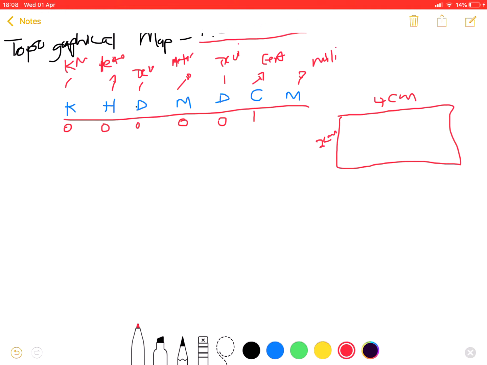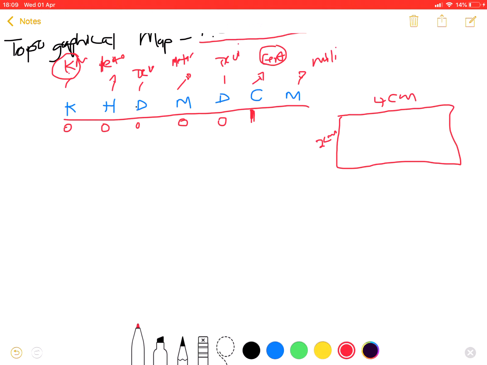We write our 1 here under centimeters, and then we count zeros until we reach K. So when we are moving from centimeters to kilometers, we divide by 100,000.